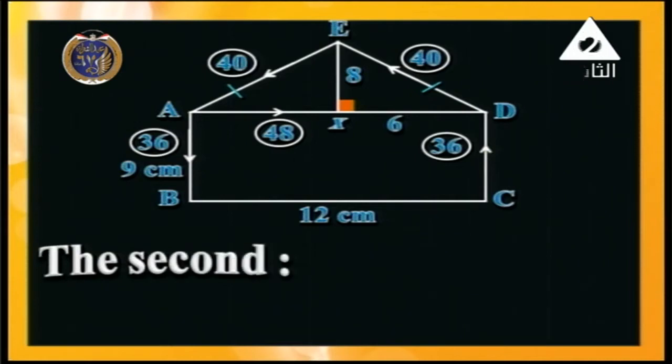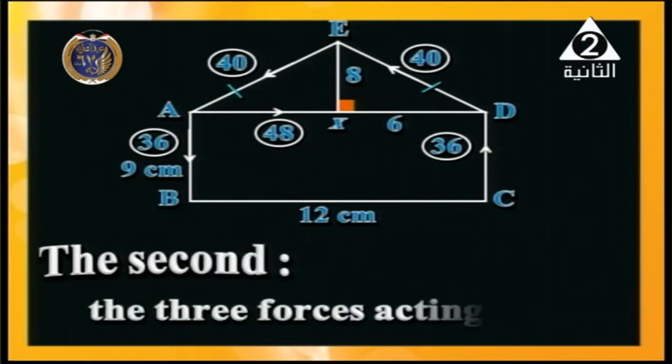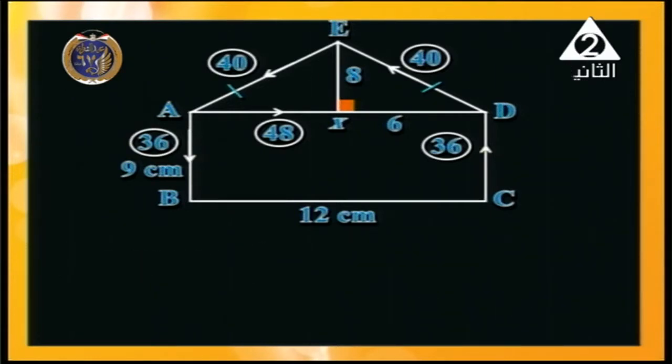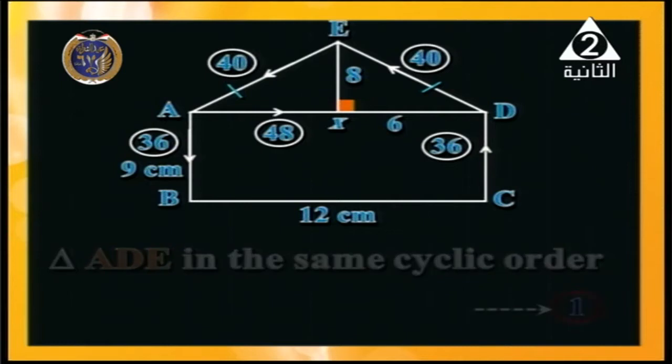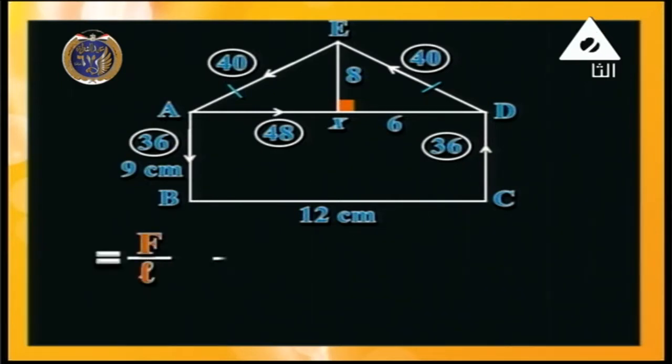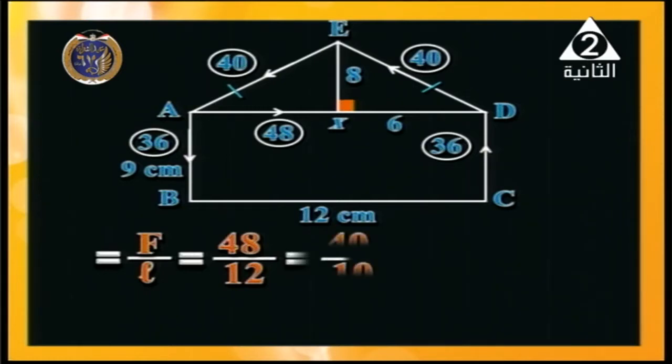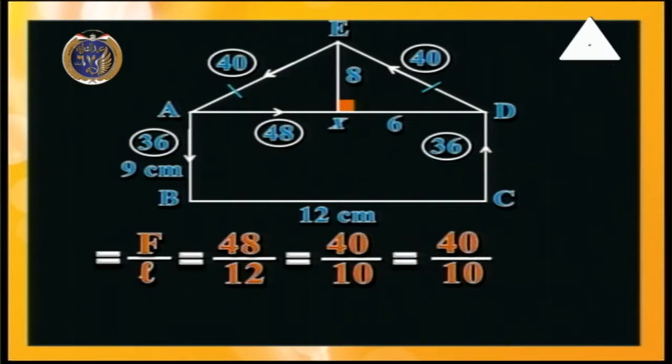The second, my dear student, is the three forces acting along the sides of triangle ADE in cyclic order. Therefore we find F over L: the force 48 over 12 equals 4. In AD, 40 over 10 also equals 4.